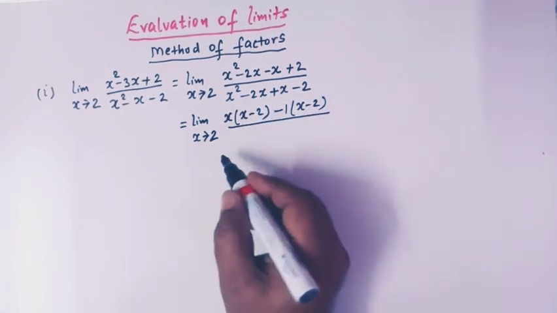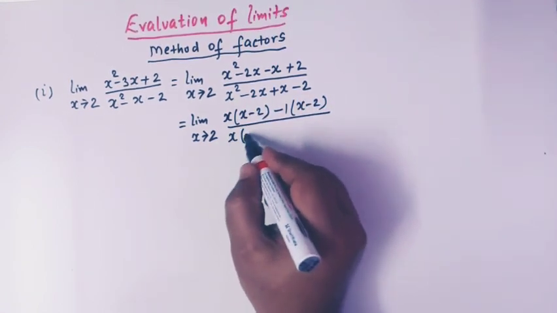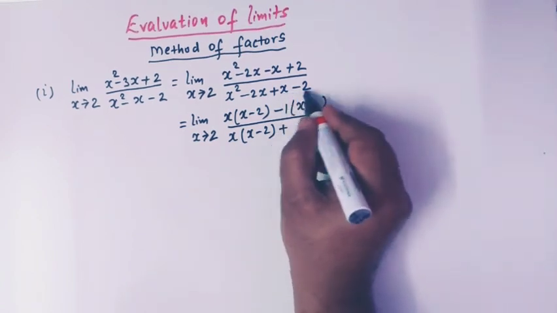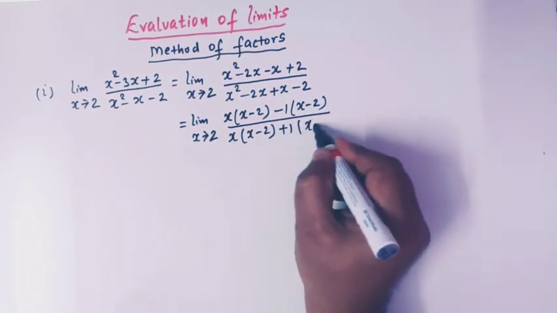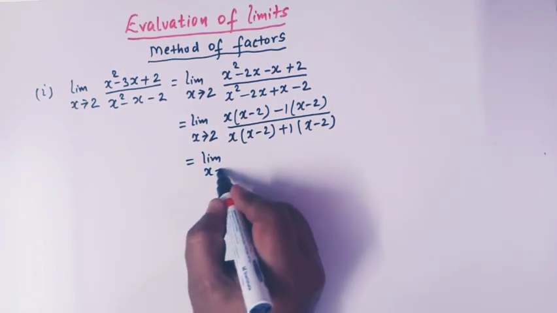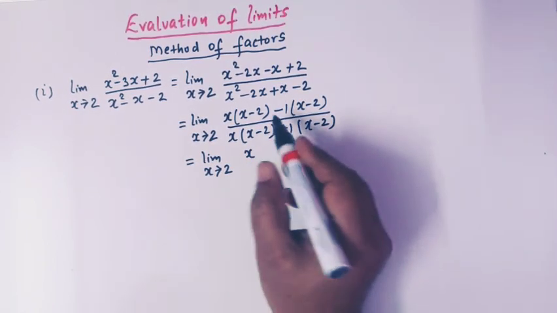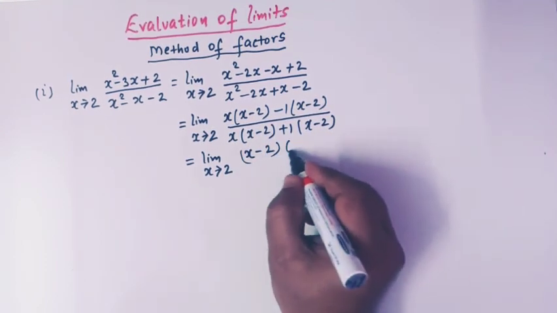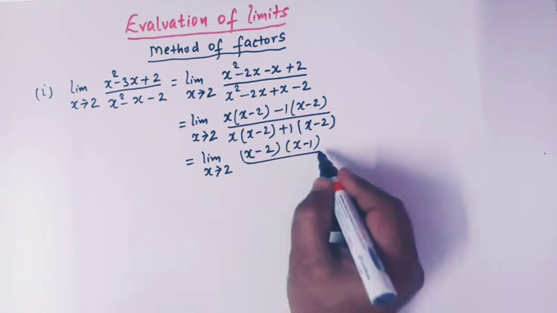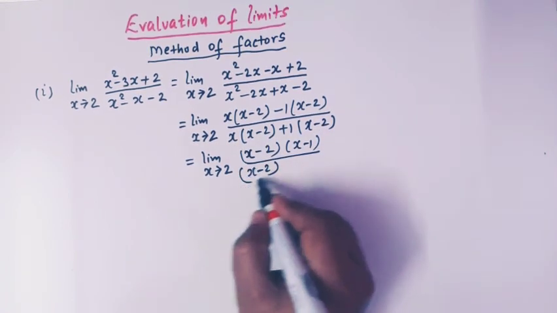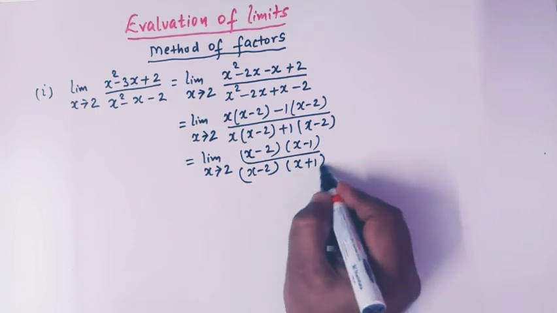Similarly, in the denominator we have x minus 2, and here we have plus 1 x minus 2. Now we can write limit x tends to 2, and this expression can be written as x minus 2 times x minus 1, and here we can write x minus 2 and x plus 1.